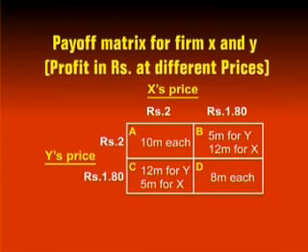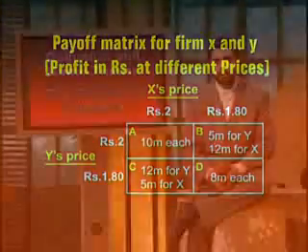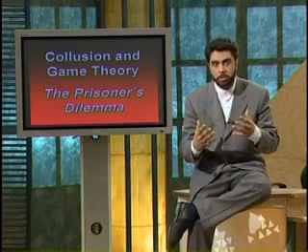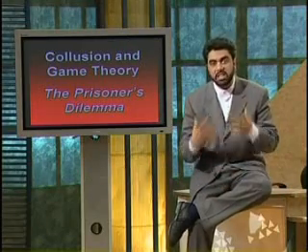Note that Y will be thinking about similar issues, and if it is cautious, it too will cut its price to rupees 1.8. This policy of adopting the safer strategy is known as MaxiMin.